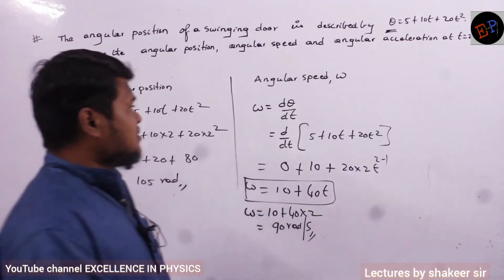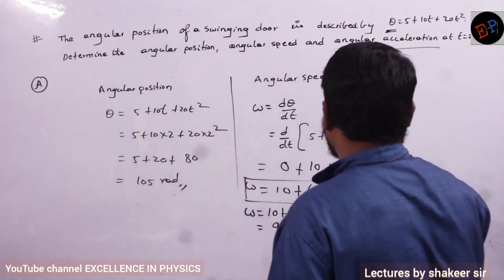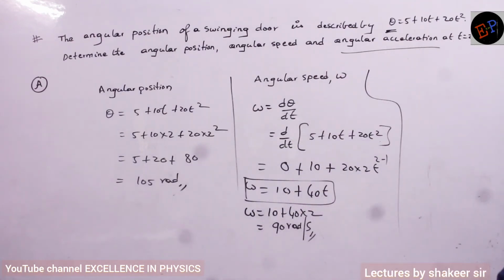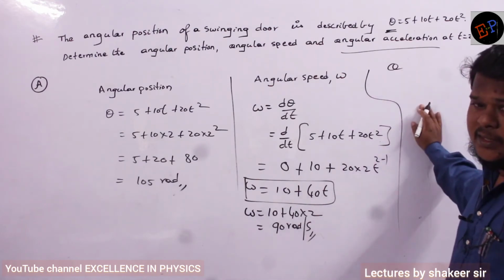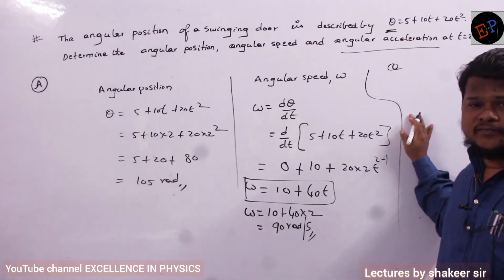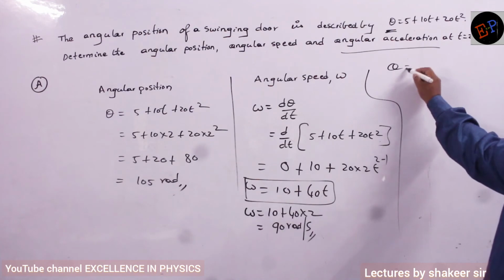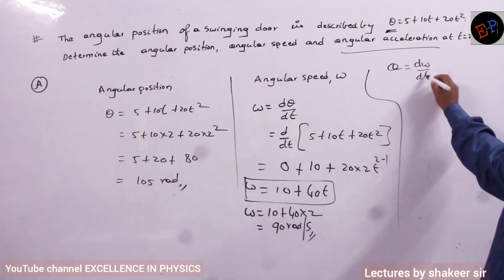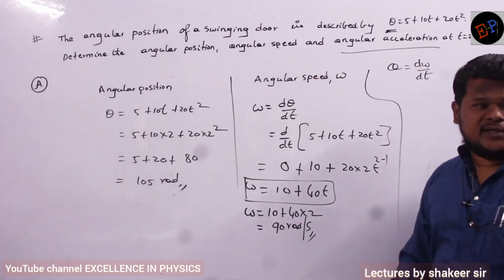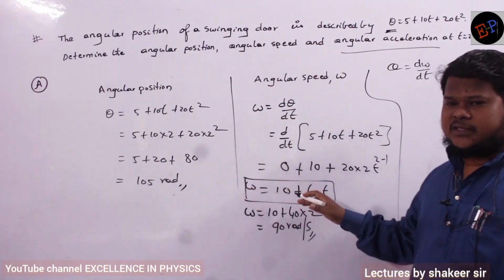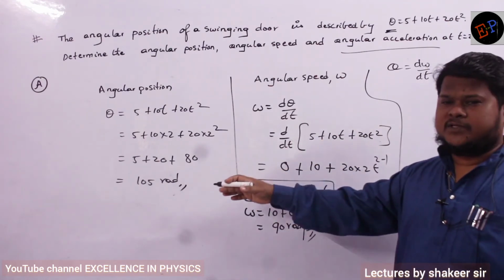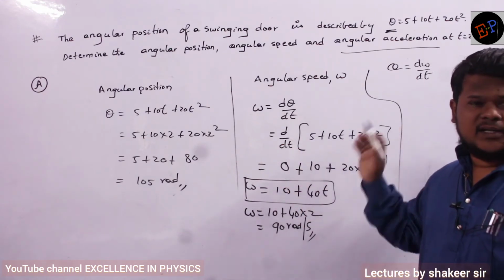Then he is asking us to find the angular acceleration also. Angular acceleration is nothing but alpha. So how can I calculate the alpha value? Alpha is again the differentiation of angular velocity with respect to time, d omega divided by dt. So this is displacement, velocity, acceleration; angular displacement, angular velocity, angular acceleration.